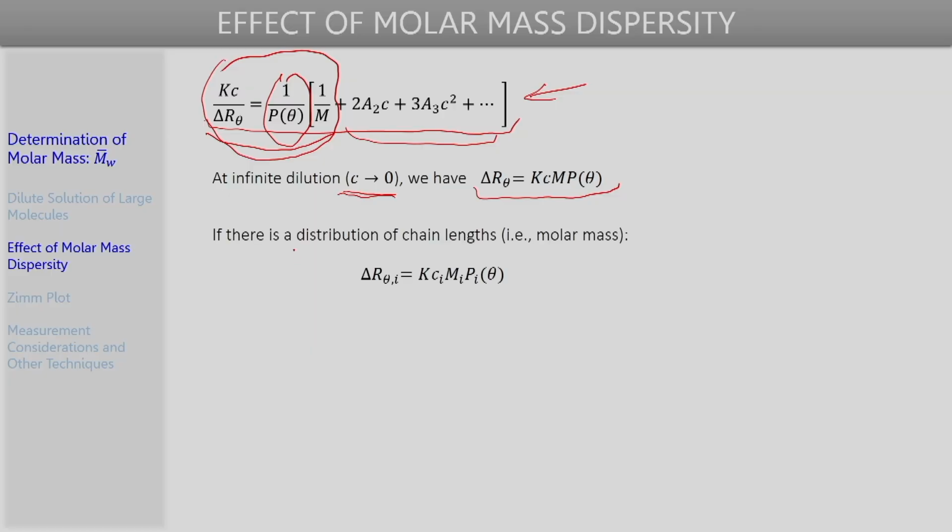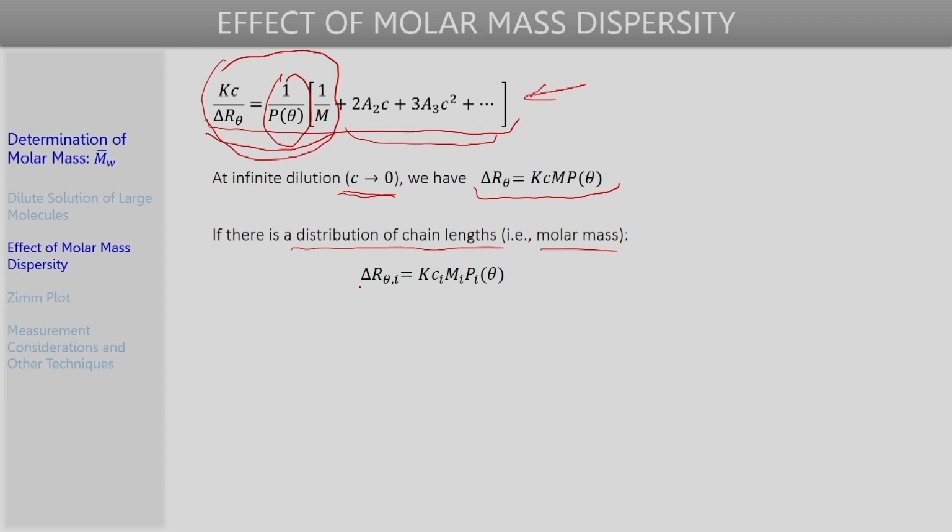As we discussed, if there is a distribution of chain lengths or molar mass, then for each collection of polymer molecules having a certain molar mass, a corresponding excess Rayleigh ratio delta R(theta) i can be defined. Here, the subscript i denotes a particular collection of polymer molecules which have the same molar mass or same chain length, and we will have different such collections.